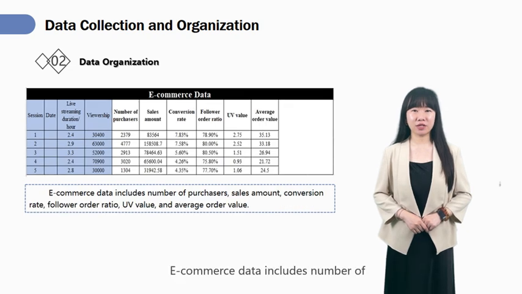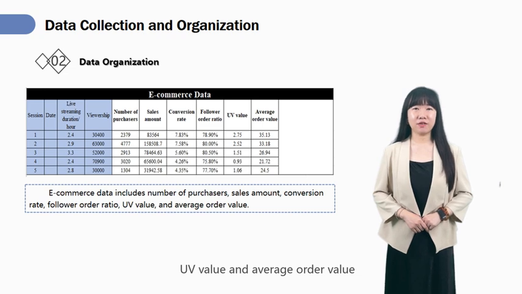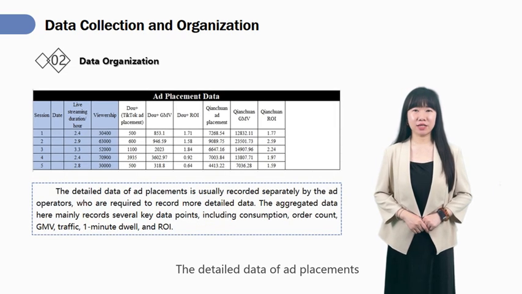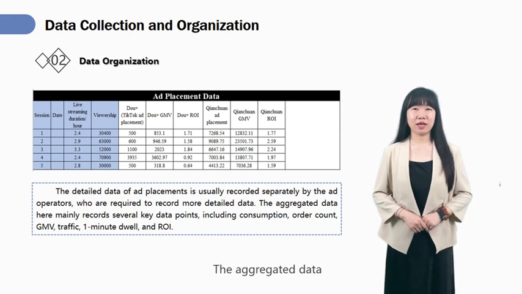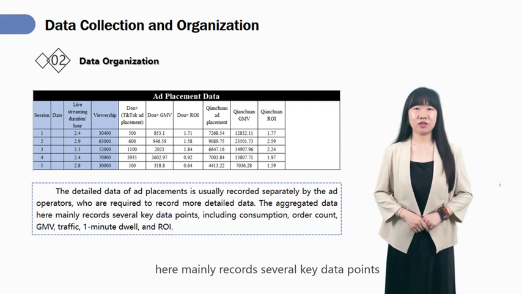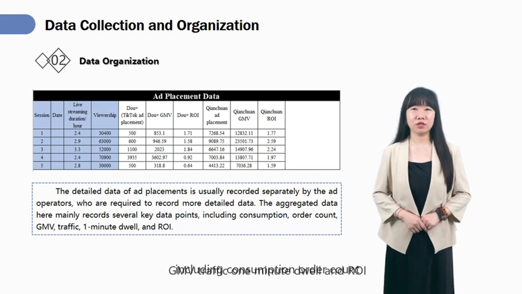E-commerce data includes number of purchases, sales amount, conversion rate, follower order ratio, UV value, and average order value. The detailed data of ad placements is usually recorded separately by the ad operators, who are required to record more detailed data. The aggregated data here mainly records several key data points, including consumption, order count, GMV, traffic, 1-minute dwell, and ROI.